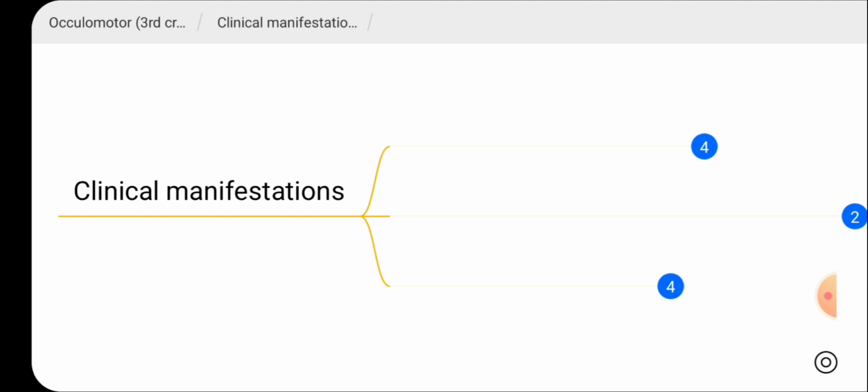Here, the external dysfunction means there is impairment of nerve supply for the extraocular muscles which are supplied by the oculomotor nerve and the levator muscle. The internal dysfunction means there is impairment of parasympathetic supply.